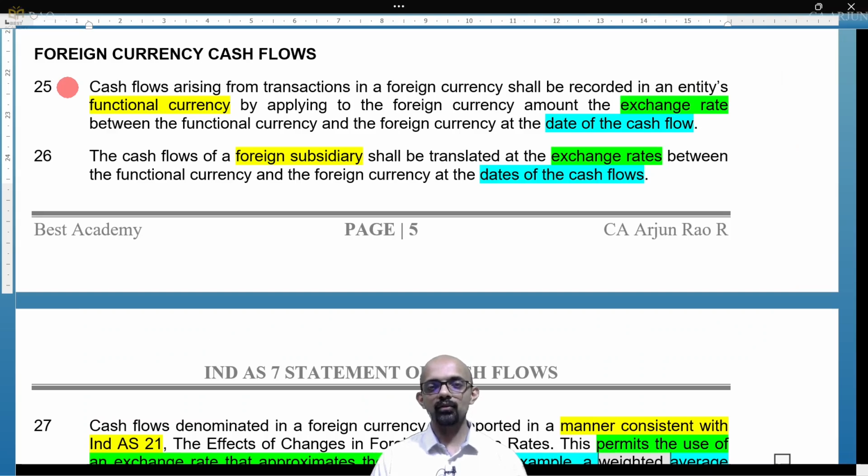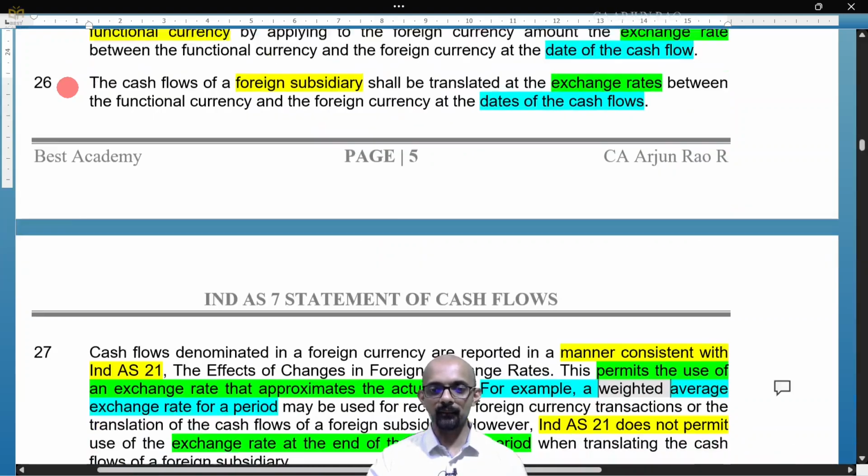So next we come to foreign currency cash flows. So we know how to report foreign currency cash flows. So we've seen that in Ind AS 21. The specific adjustment required has been explained in a separate video. You can refer that video, it's given in the description below.